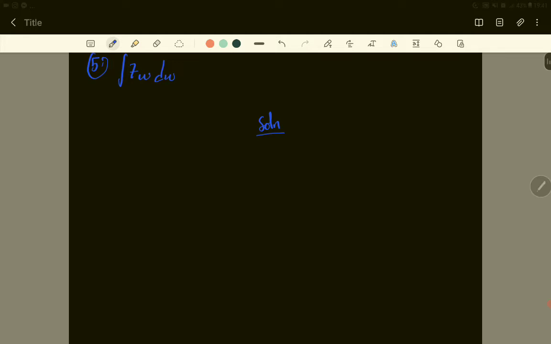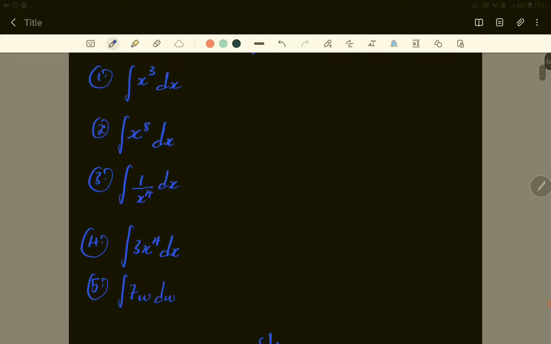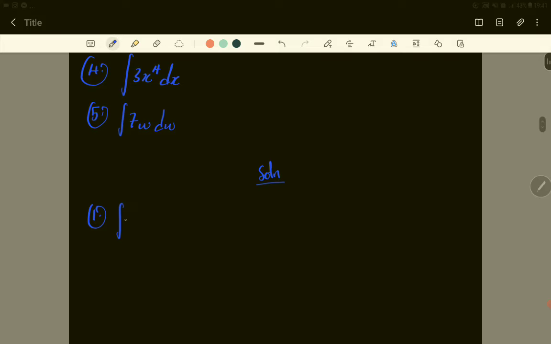which are my solution. Now the first one, integral of x to the power of 3 dx.